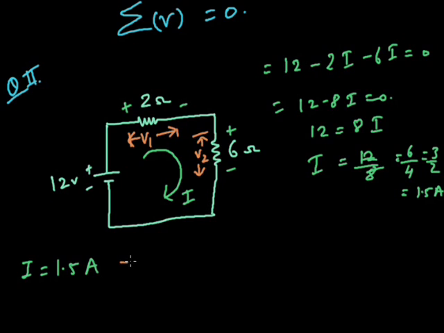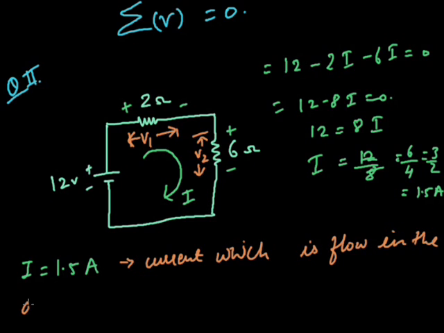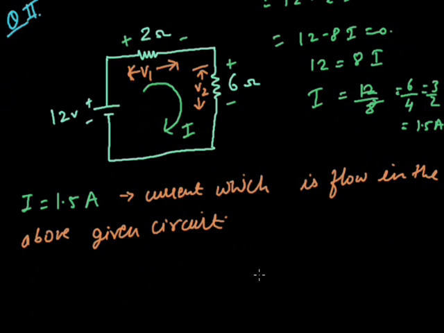This is the current which flows in the above given circuit. So we have calculated the value of I. Now we will find the voltage V1 across the 2 ohm resistance. V1 is equal to I into R1, since I is flowing through the 2 ohm resistance.